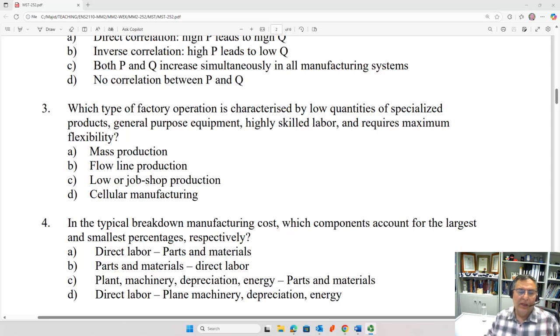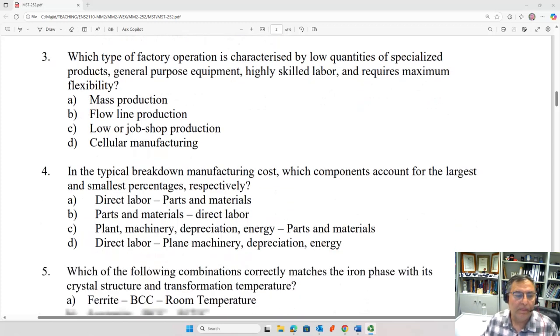On the basis of the diagrams that are provided in the last slides of lecture 1, we can see that, well, it is parts and materials and also direct labor, which are respectively accounting for the largest and smallest percentages of the cost. So question 4, B is the right choice.